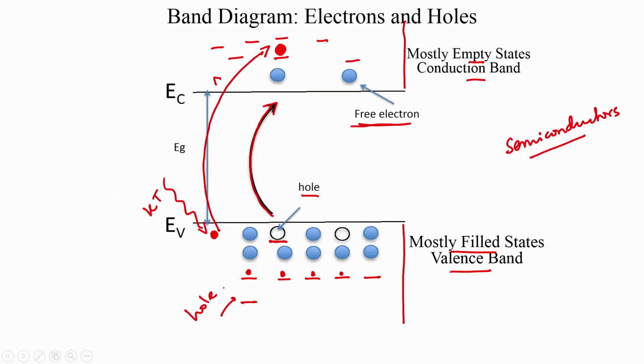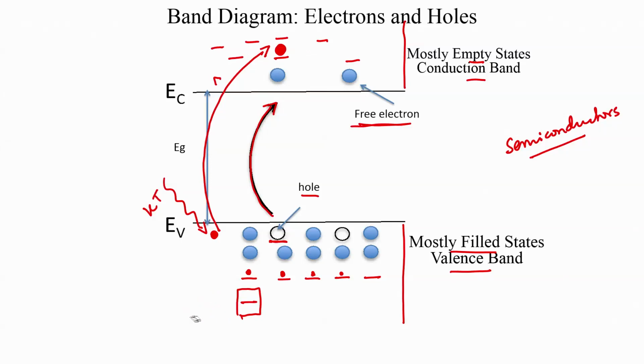Therefore there are plenty of vacancies in the conduction band, but we are not interested in those. We are only interested in the vacancies in the valence band, because it is these vacancies that can add on to charge transport, and we will see how in a minute.